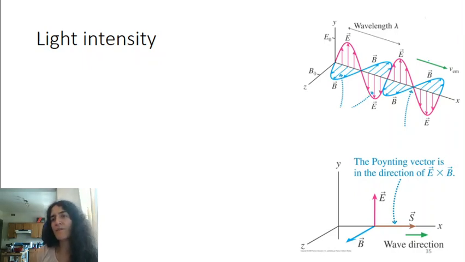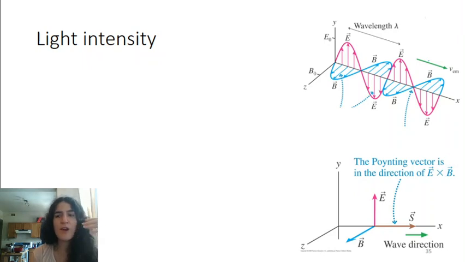And a lot of times, because electromagnetic waves are sort of hard to describe in terms of a single wave, we want to talk more about average energy over time, and average energy over time spread out over an area. And so that's why instead of talking about energy, we more often talk about intensity.